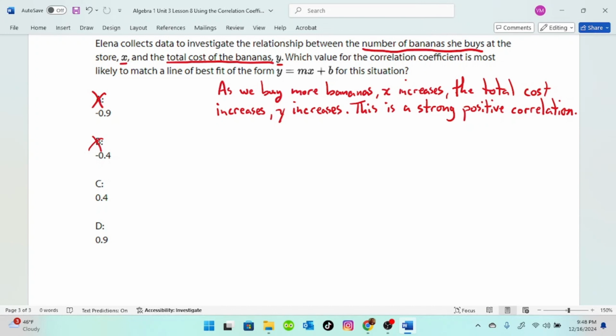Now we just have to decide whether the answer is C or D. C could be seen as a moderate correlation. So we'll say these two were negative. This one is moderate. So I wouldn't choose that one. I would choose answer D because I want a strong positive correlation.